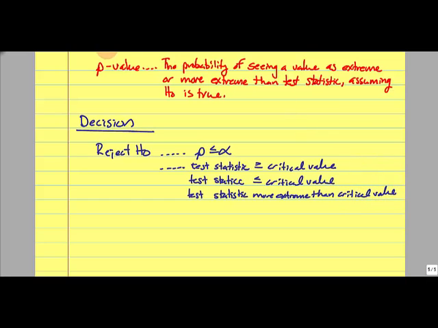Now what are our cases here? This is the two-tail test. This is a left tail and this is a right tail. So this is right tail, left tail, and two-tail test.